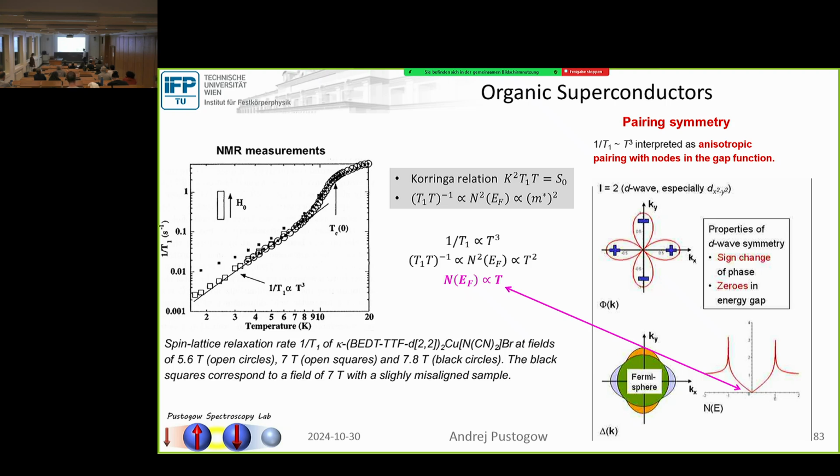And these quasi-particles then give rise to some relaxation. In the end, when we take into account the proper laws from NMR measurements, we find this linear temperature dependence of the number of states that contribute, because we have these gap nodes. And this is the same in cuprates.